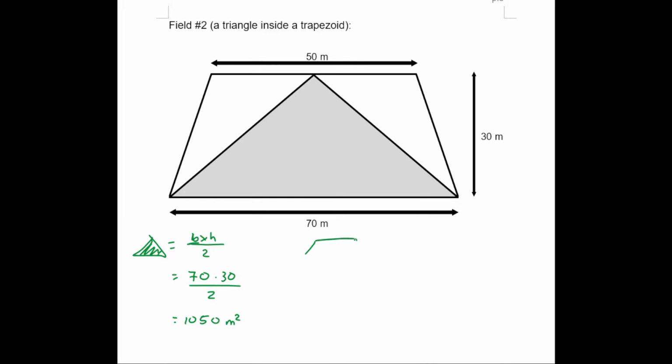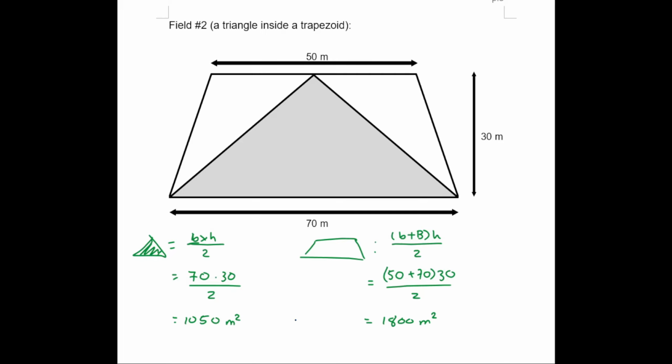Now the area of the trapezoid, right? It's small base plus big base times the height divided by 2. So small base is 50, big base is 70, times height is 30, divided by 2. That comes out to 1,800 meters squared.